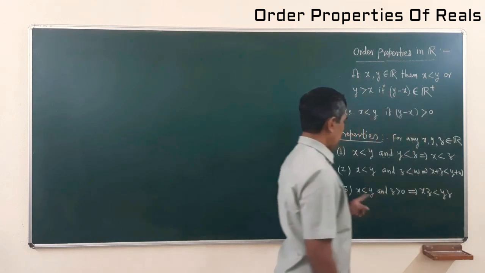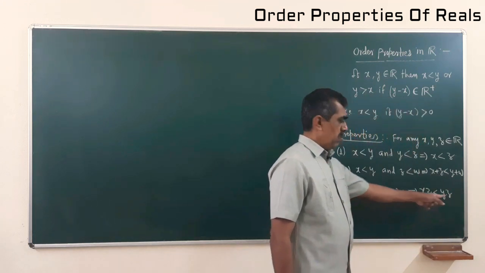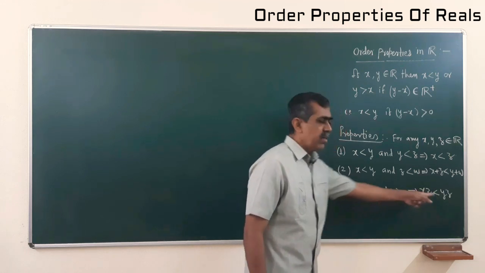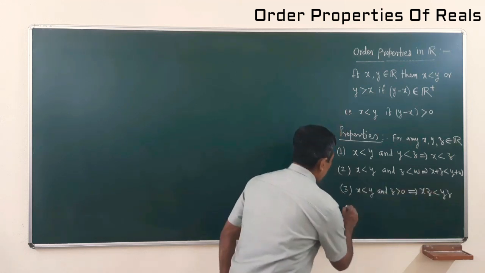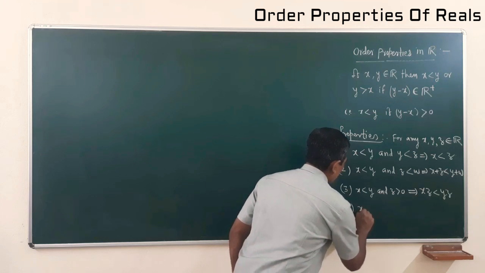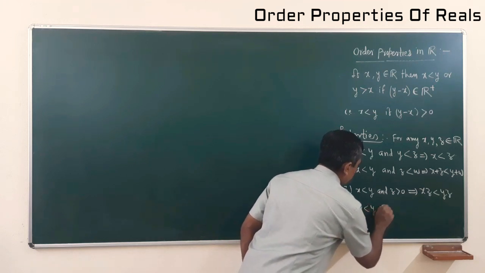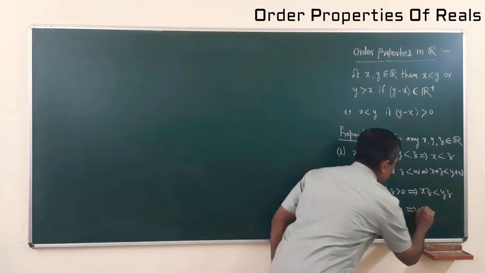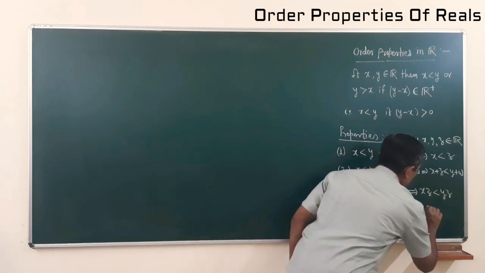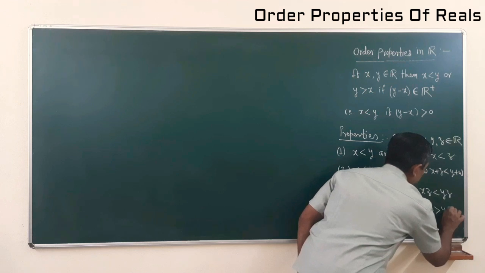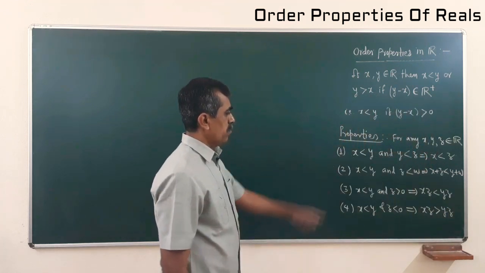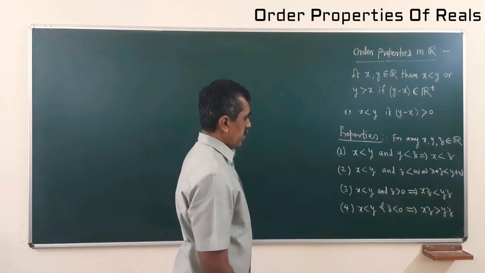Means if you multiply an inequality by a positive real number, the inequality sign remains the same, less than. Number 4, x less than y and z less than 0. If you multiply an inequality by a negative real number, then the sign of the inequality changes.